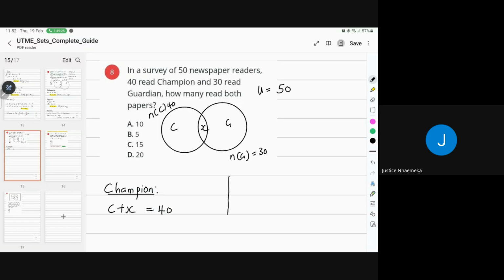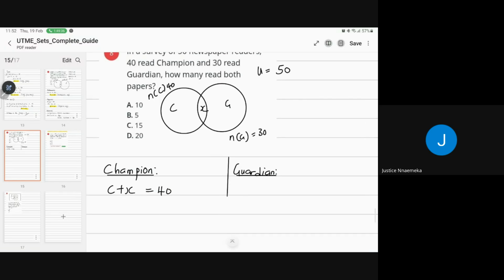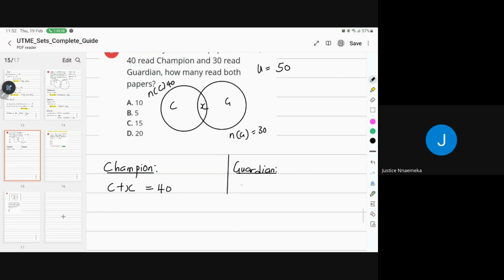So let's just do it quickly here. For Guardian, we'll have G plus X equals 30. That's for Guardian.